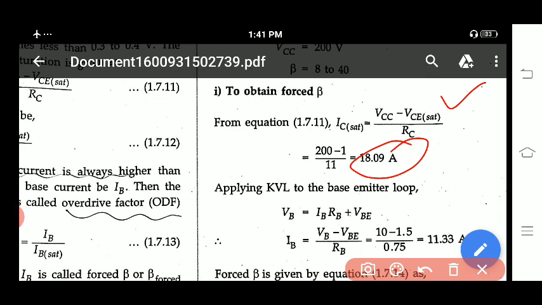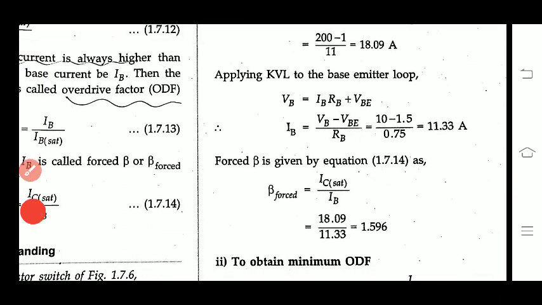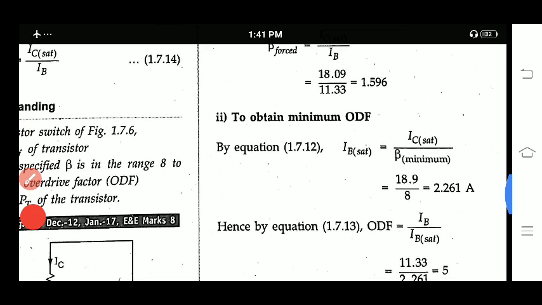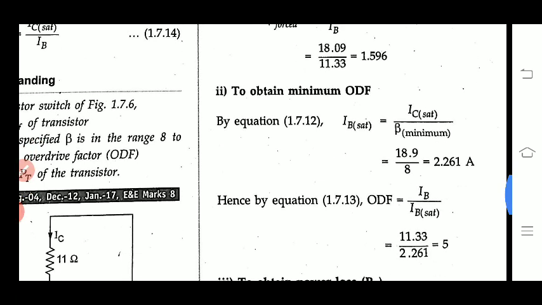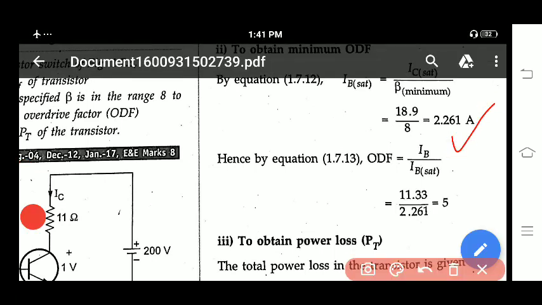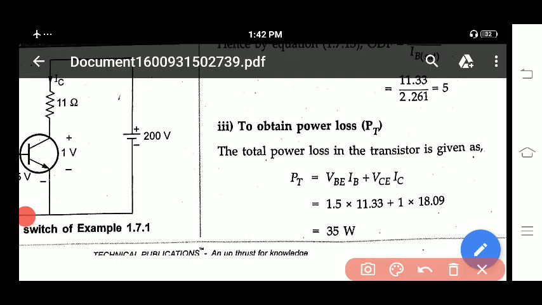VBB equal to IB into RB plus VBE, we'll get the IB expression like this. Next calculate forced beta, IC sat divided by IB, what you have calculated now. Substitute this, you will get the IB sat expression. IB sat equal to IC sat divided by beta, overdrive factor equal to IB divided by IB sat. Total power dissipated equal to VBE IB plus VCE IC. So this is the total power PT. You get 35 watts.